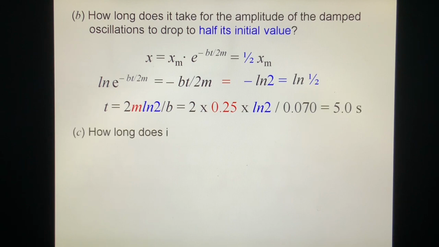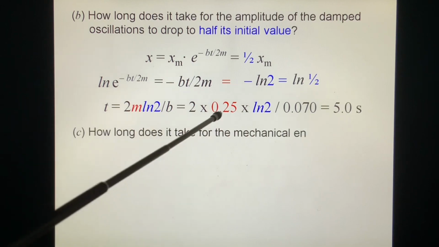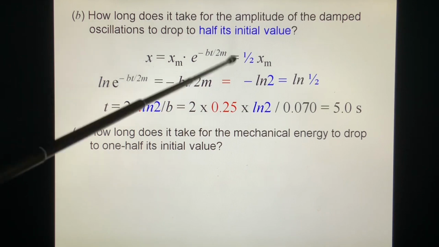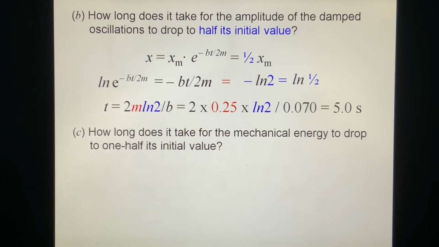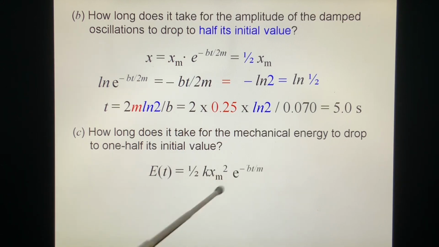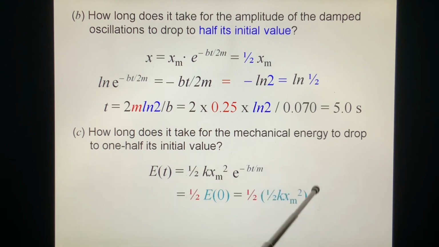Question C. How long does it take for the mechanical energy to drop to half its initial value? The previous one was the amplitude dropping to half; this is the energy dropping to half. Then we see the energy is one half k x_m squared times the exponential in t, equal to half of E0, half of one half k x_m squared.